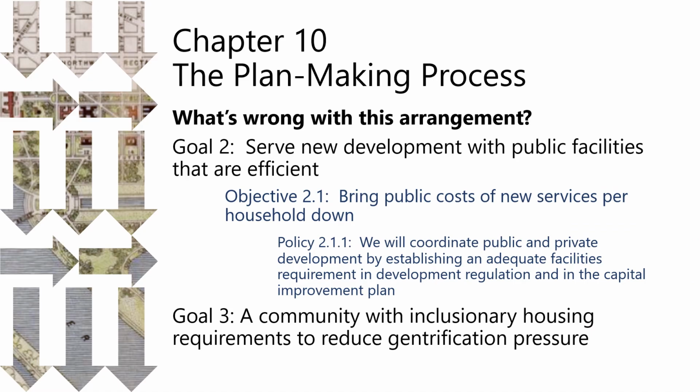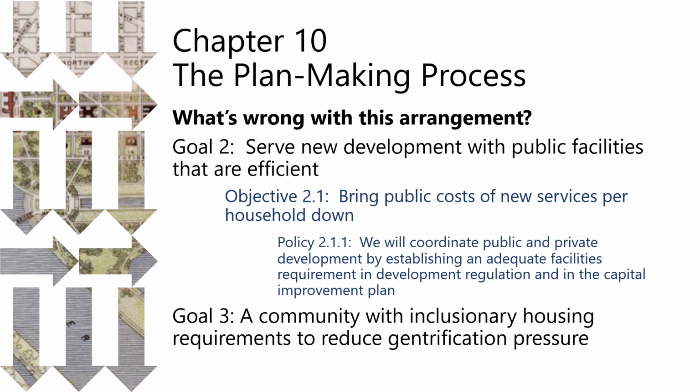So a few slides ago, I showed you a goal, objective, and a policy that was written per general plan requirements. I want to take a moment to show you some that are not done correctly and give you the chance to try and figure out what's wrong and what's right. So goal 2 says serve new development with public facilities that are efficient.